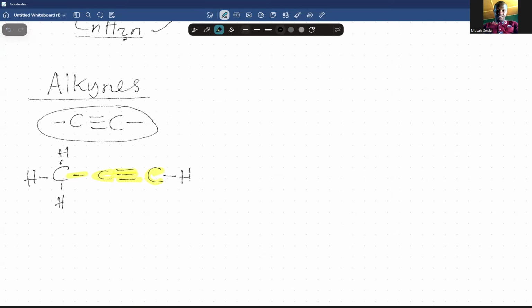So now, to write the condensed structural formula of this, the first carbon has 3 hydrogens. The second carbon does not have any, and the third one has 1. So that is the condensed structural formula.